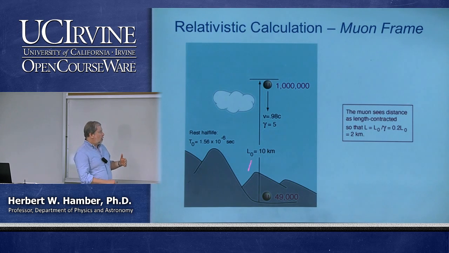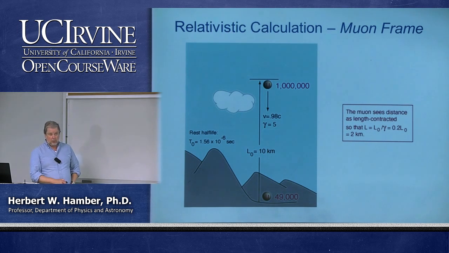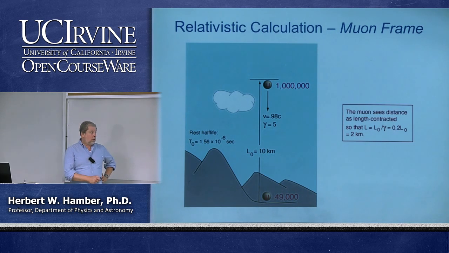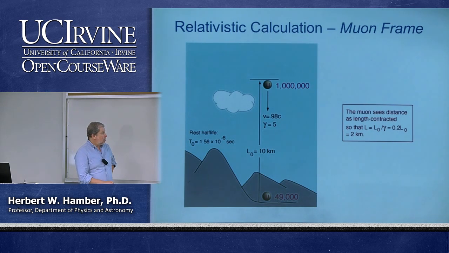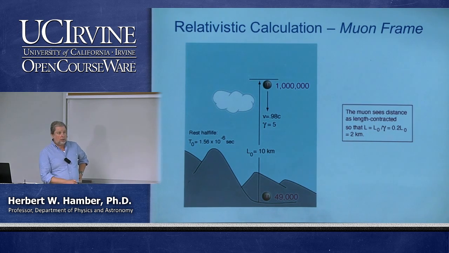It sees that the distance is not 10 kilometers but much shorter because of the gamma factor that contracts space. Either way, you get the same result: a lot more muons reach the surface of the Earth. This is perhaps one of the earliest tests of special relativity, where you test at least the time dilation effect using elementary particles as clocks.